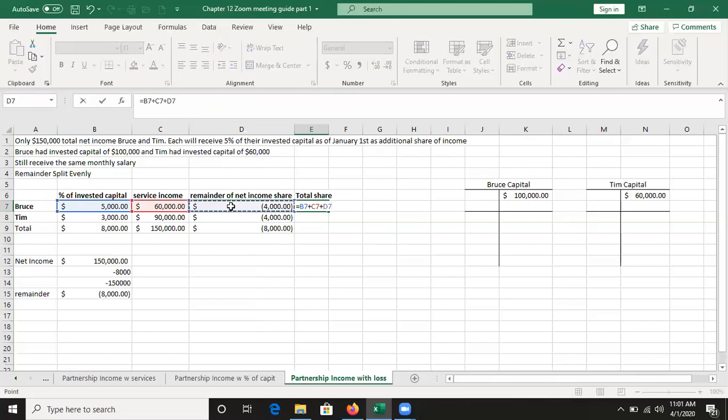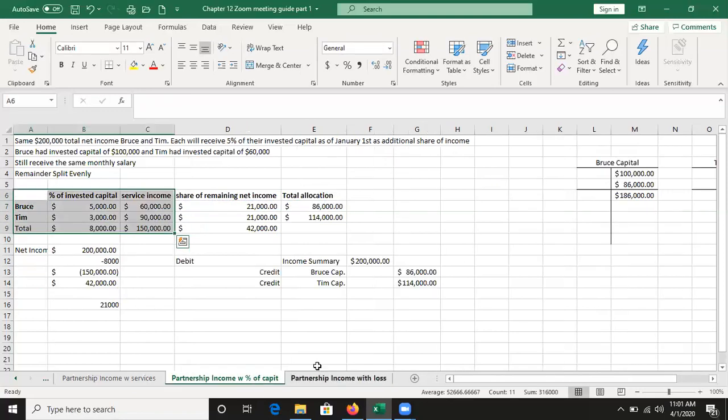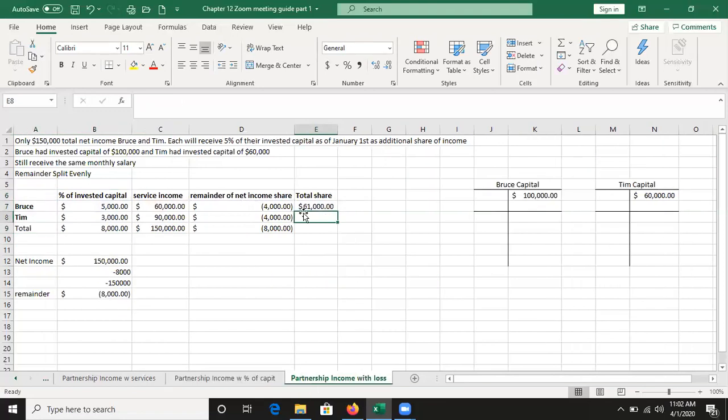But this is actually going to bring it down, because we're saying 5,000 plus 60,000 for Bruce minus $4,000. So instead of receiving the big amount he got here, it's actually going to go down.